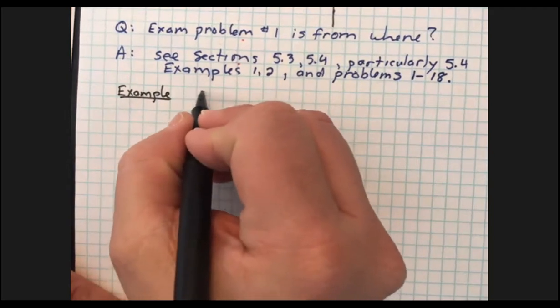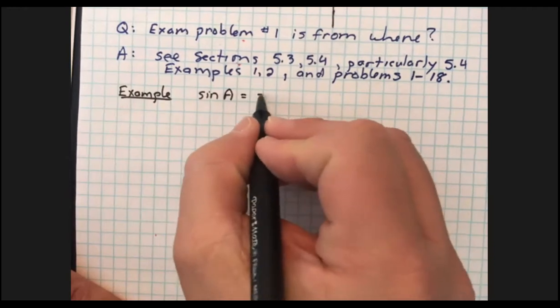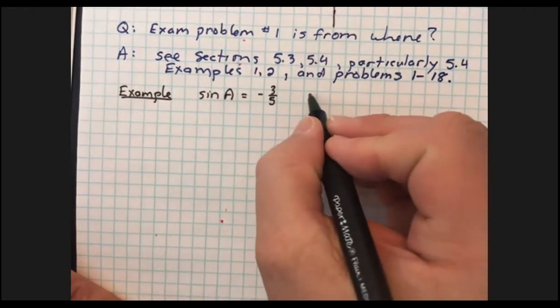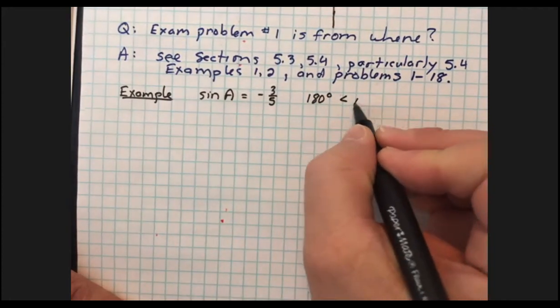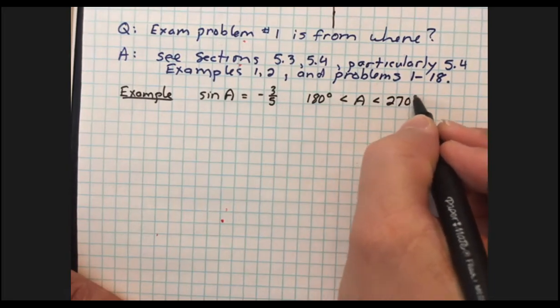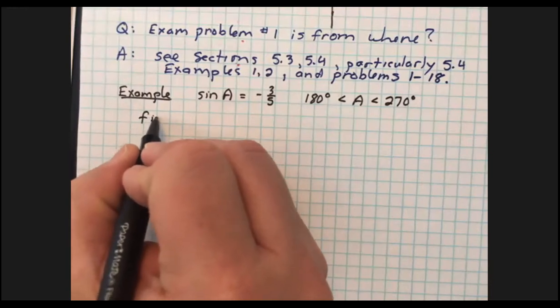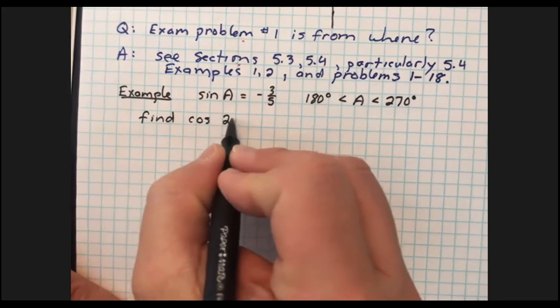So it says the sine of A is minus 3/5, and A is between 270 and 180. It says find cosine 2A.